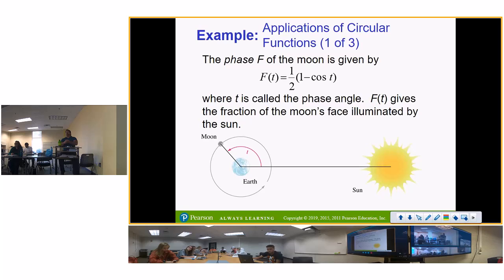So it's kind of like your arc length. But since it's area, it's going to be a little bit different. What is the area of a triangle? 1/2 base times height. That's where that comes from. Since we don't have a triangle per se, we have a conic or cone.